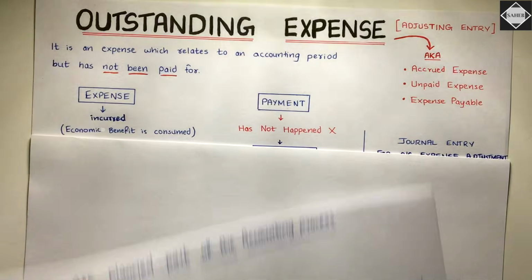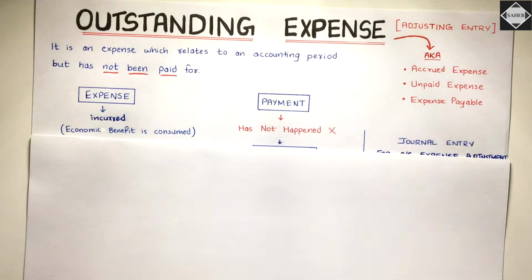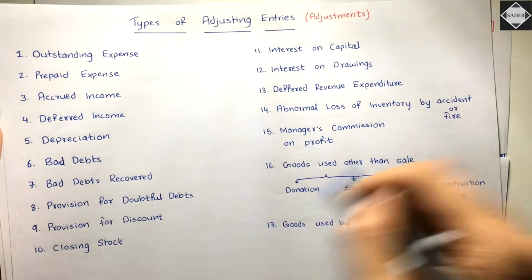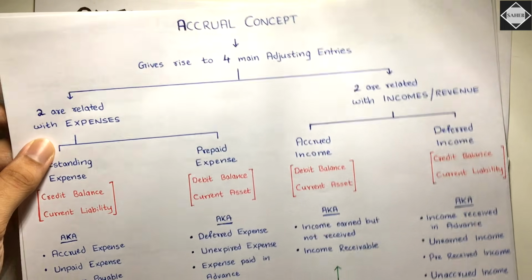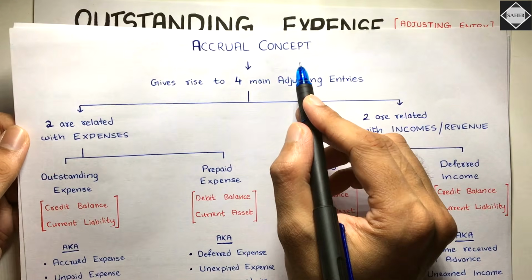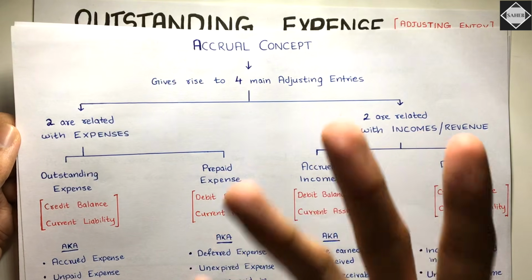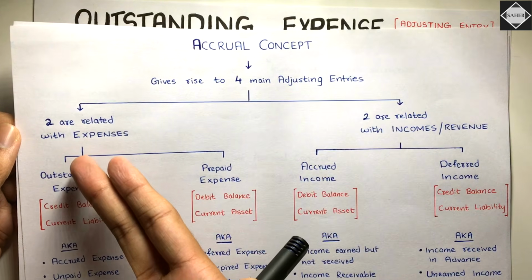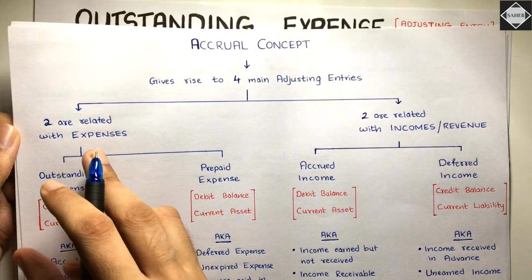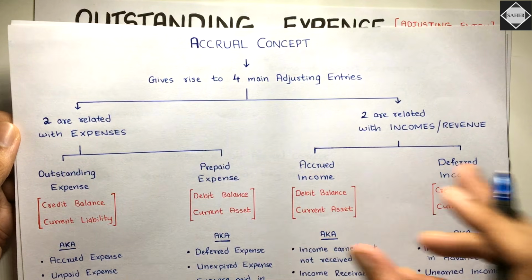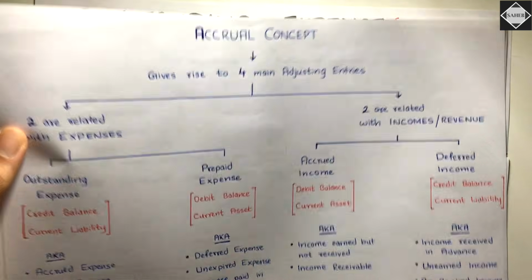Fine. And then we discussed the types of adjusting entries. We came to know that by following the accrual and matching concept, we give rise to 4 main adjusting entries. 2 are related to expenses and 2 are related to income or revenue. We have outstanding expense, prepaid expense, accrued income, and deferred income, right?